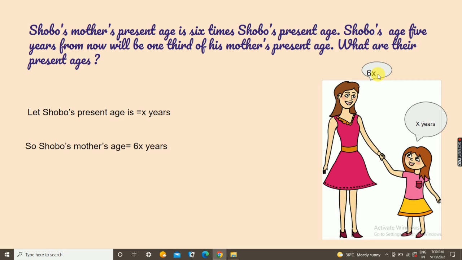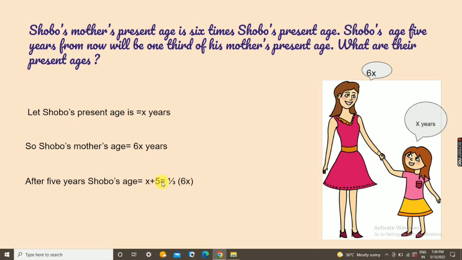Okay. But Shobo's age 5 years from now. If Shobo's present age is x years, then after 5 years, what would be his age? x plus 5 years. So we can write that after 5 years, Shobo's age is equal to x plus 5.